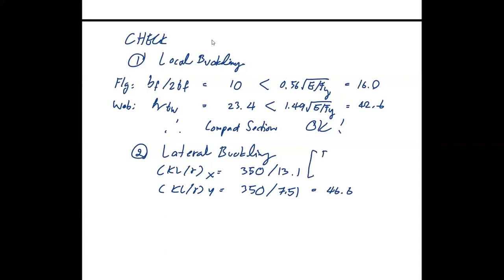You can also say by inspection KL over RY governs. Okay, so we got 46.6. So again, we compare this to 4.71 square root E over Fy, which is equal to how much? 135 something, right?